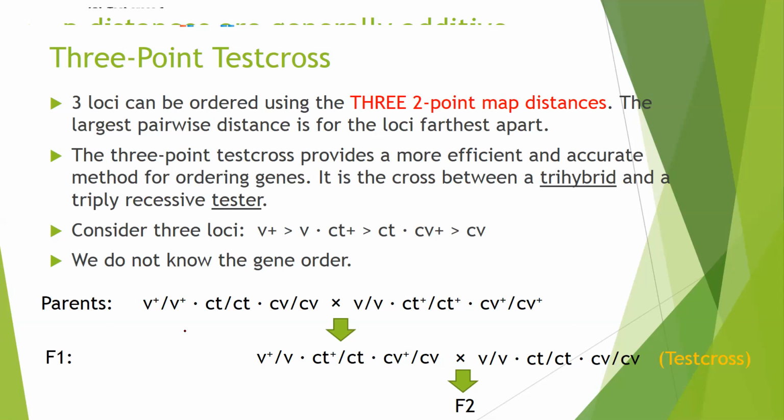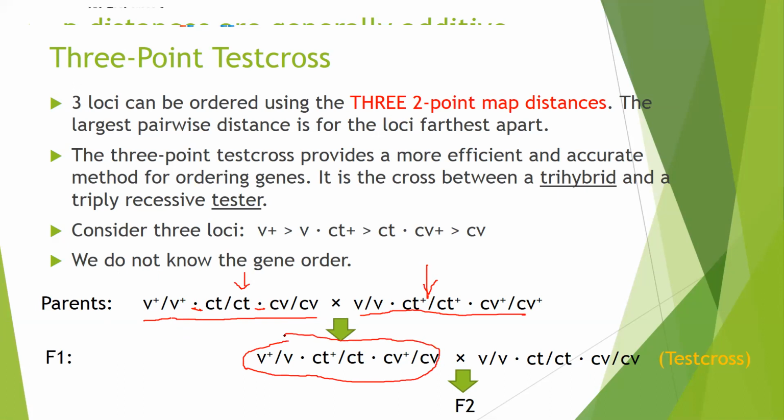Because right now we do not know this information, so we just put dots here. We know these 3 genes are linked, but we don't know how they are linked and what the distance between them is. So we start from 2 inbred lines, 2 parental type lines, to generate the tri-hybrid.